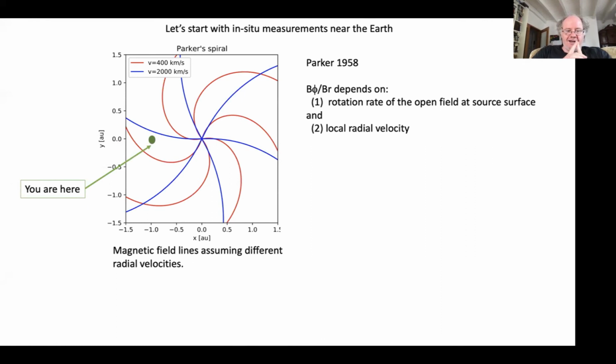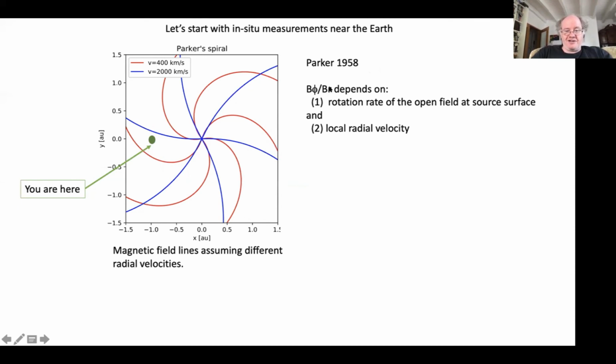Because the sun is rotating, the whole magnetic configuration rotates around the axis, and because there's a solar wind carrying the material outwards, the field lines form spirals, and hence Parker's spiral. Fortunately, this is a rather easy geometric problem to solve. If you know how fast the sun is rotating and you know the speed of the wind, which you can measure using in-situ instruments, then you can determine the ratio between B phi and BR.